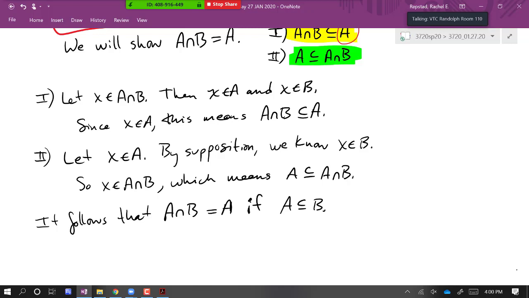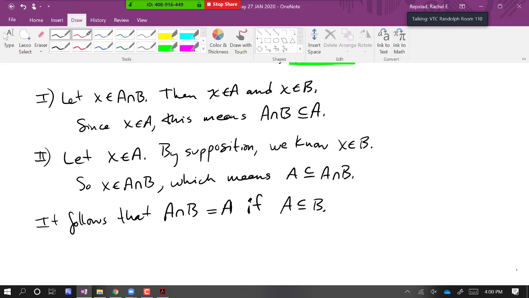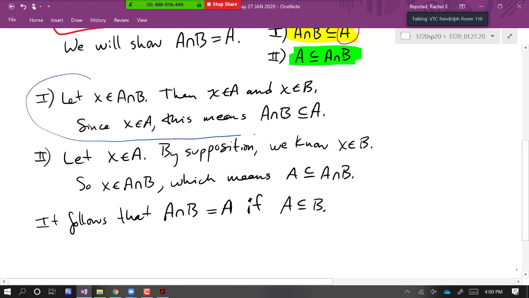Other questions? Yeah. So on part 1, if X is an element of intersect B, if there was A union B? The first part? Yeah.